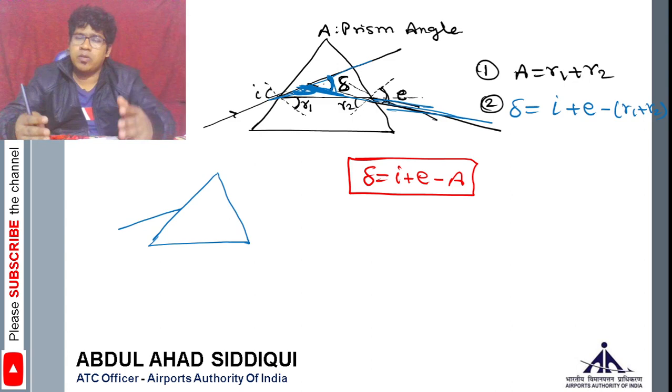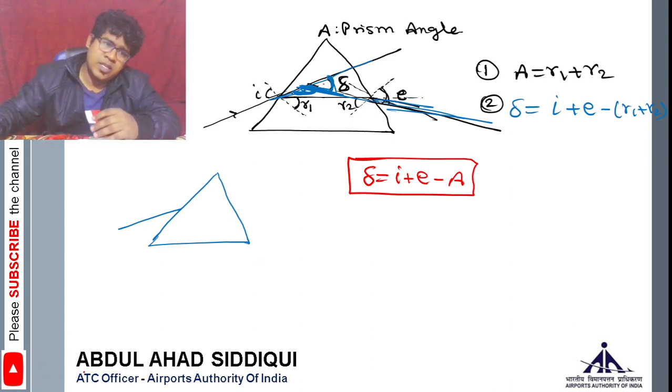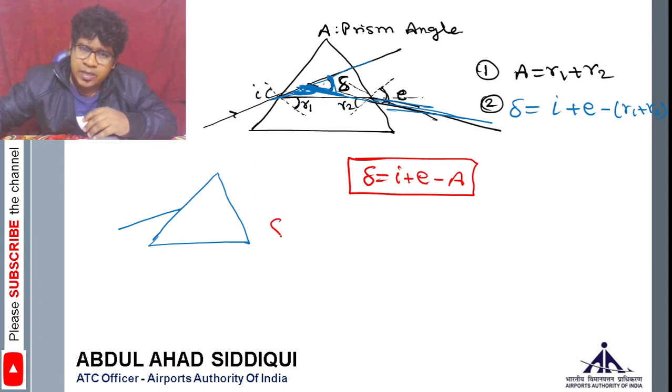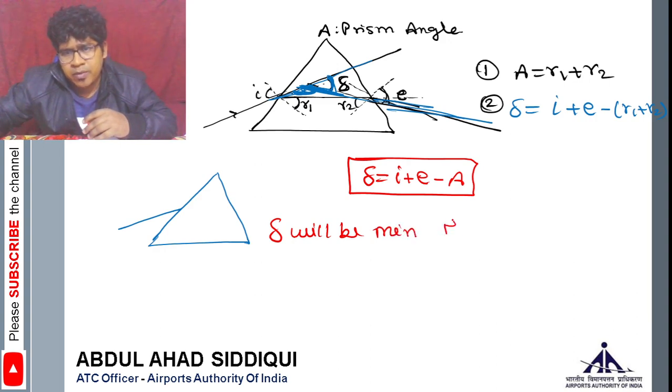By this we have observed that deviation will be minimum if I is equal to E.